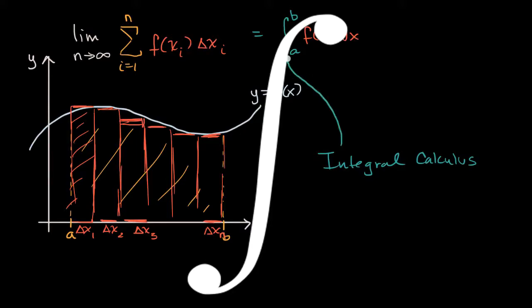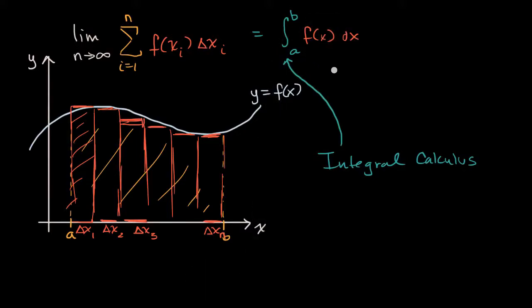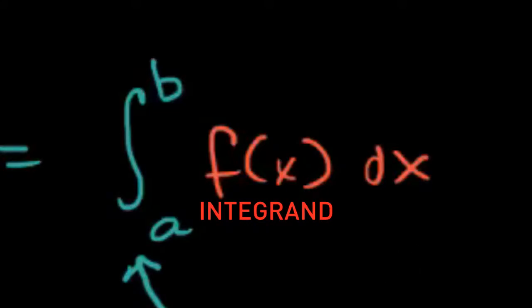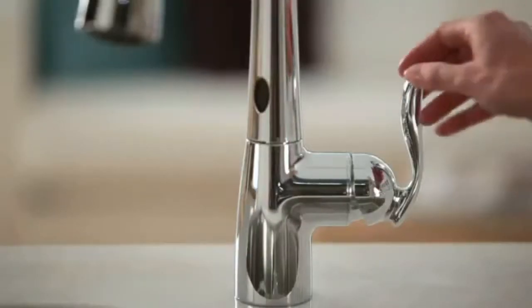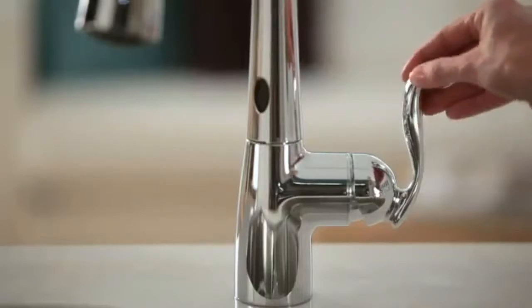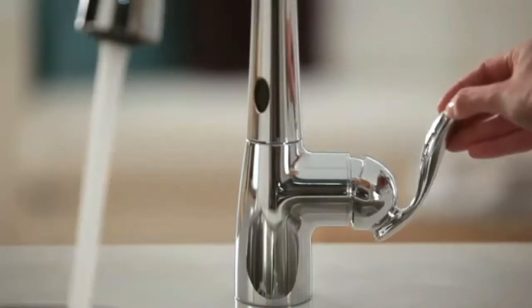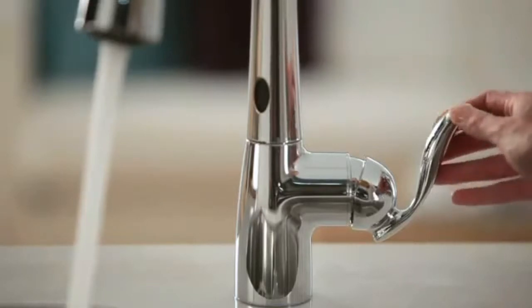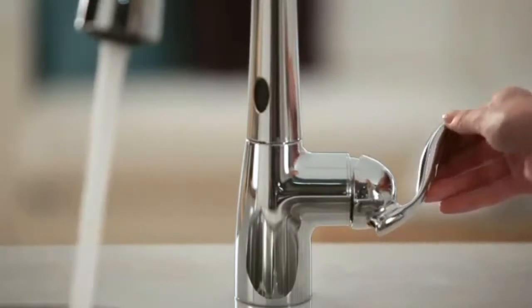Beside the integral symbol is the function, called the integrand. And lastly, beside the function is dx, which shows that the slices go in the direction of x and approach 0. Integral calculus can be related to the concept of filling up a tank from a tap. Adding up bits of water, or integrating its flow, gives the volume of the water tank.